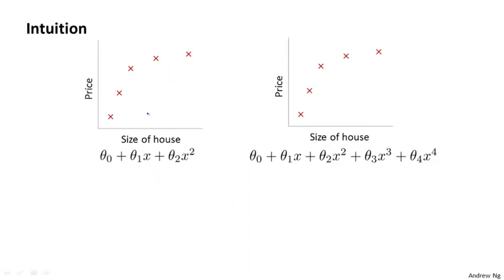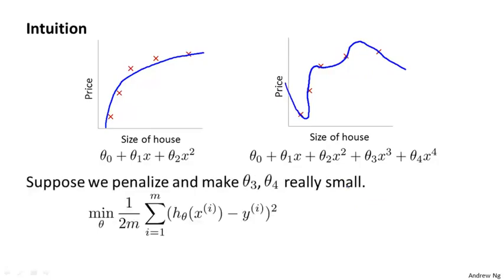In the previous video, we saw that if we were to fit a quadratic function to this data, it gives us a pretty good fit to the data. Whereas if we were to fit an overly high order degree polynomial, we end up with a curve that may fit the training set very well, but not generalize well. Consider the following. Suppose we were to penalize and make the parameters theta3 and theta4 really small.